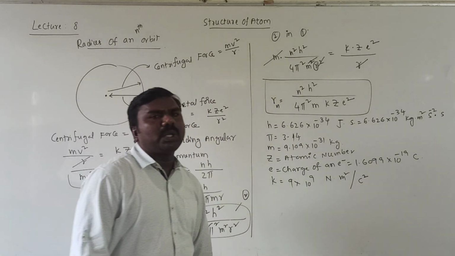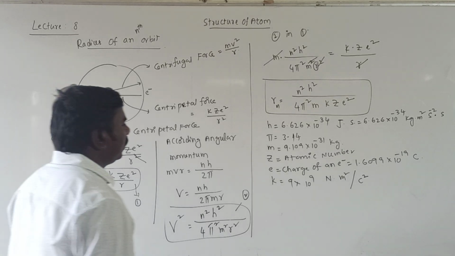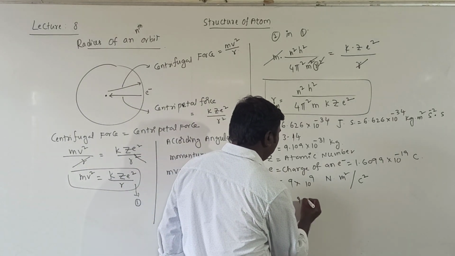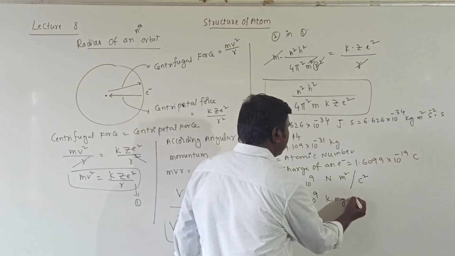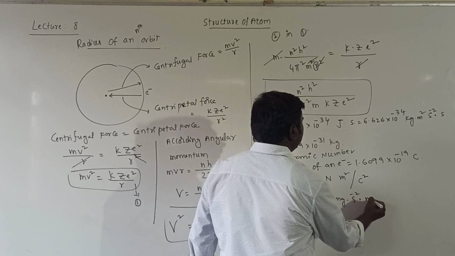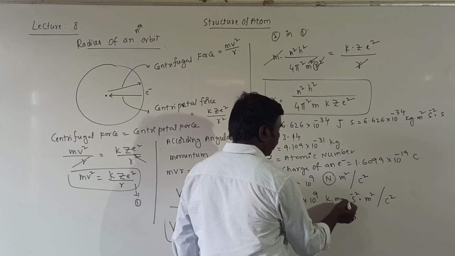So that is 10 to the power of 9 kg meter cube second minus 2 per coulomb square. Newton is nothing but this.